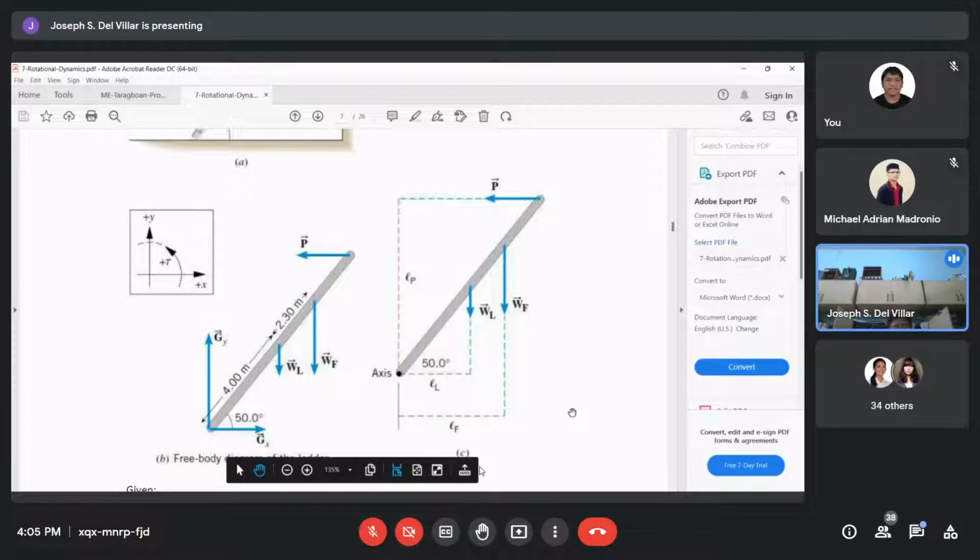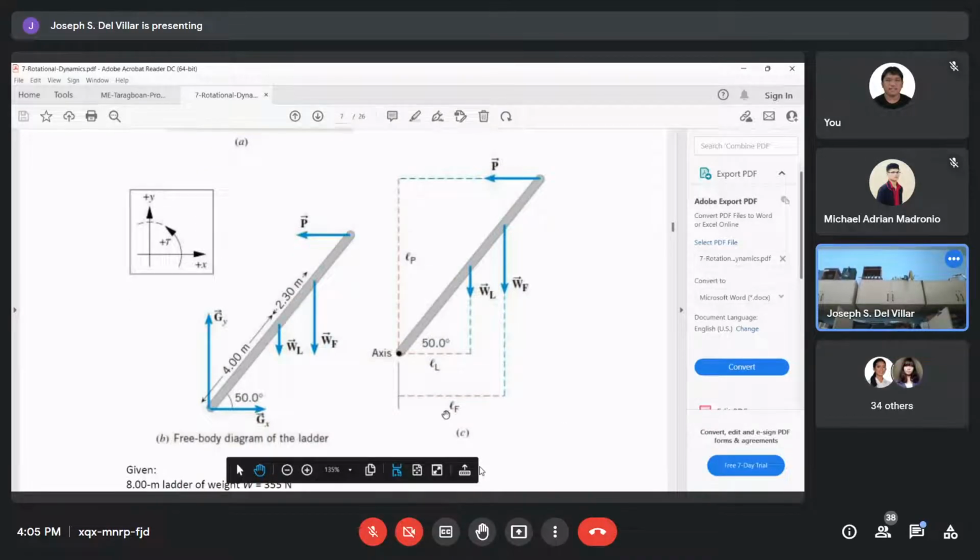O, dito sa letter C. The point on the ground where the foot of the ladder is, that is made the axis of rotation. Okay? So kung itong gagawin nating axis of rotation, dalawang force kagad ang nawala. Yung GY and GX.